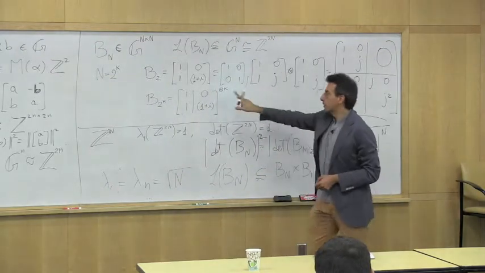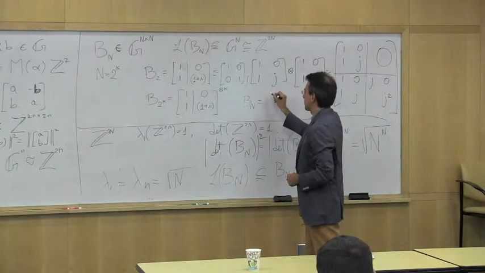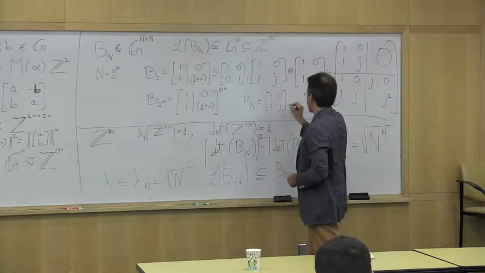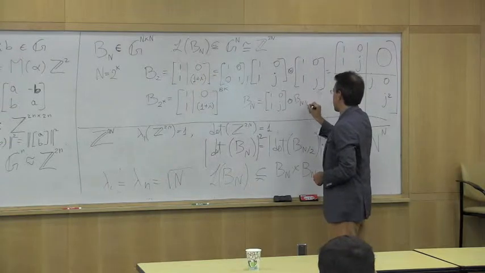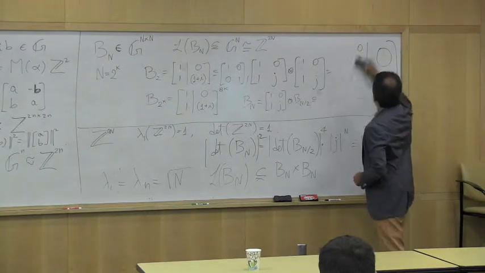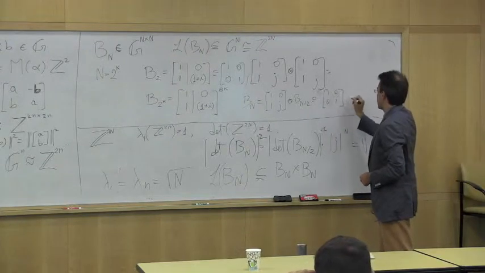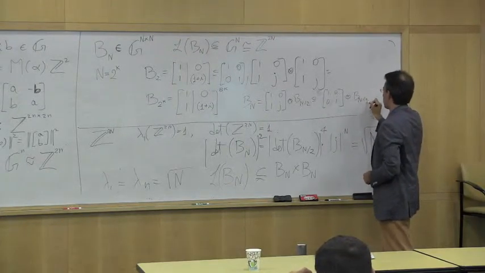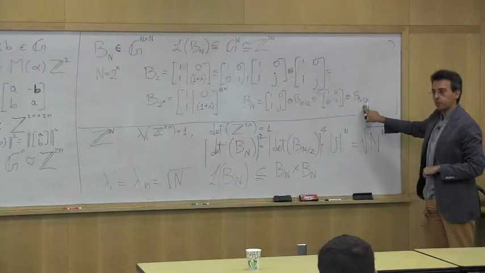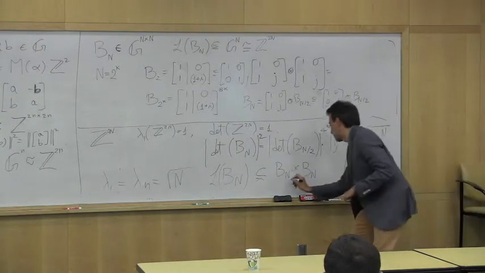So if you write Bn as the lattice generated by 1, 1, 0, j times Bn over 2, the lattice is a subset of 1, 0, 0, 1 tensor Bn over 2, which is the set of all pairs of vectors, both coming from this lower dimensional lattice. Yeah, and the last line should be Bn over 2, yes.